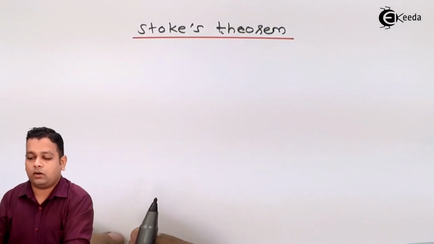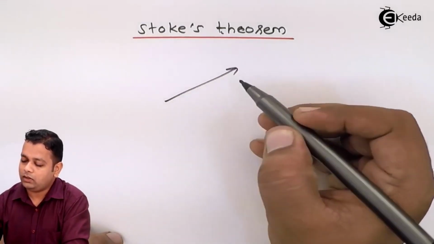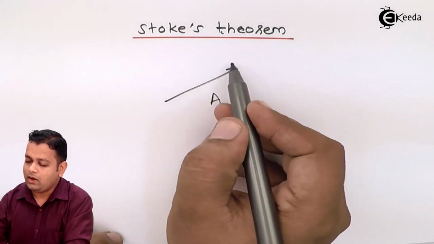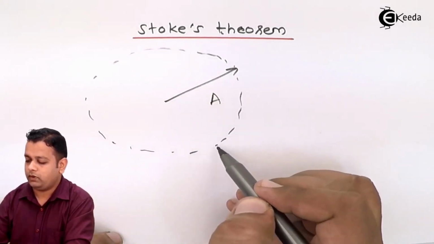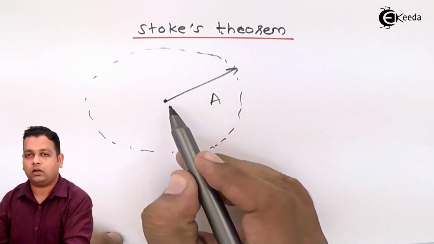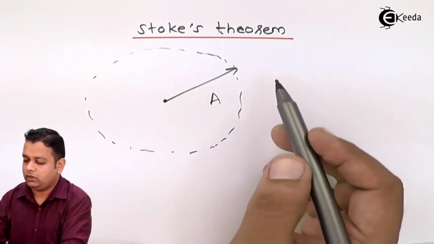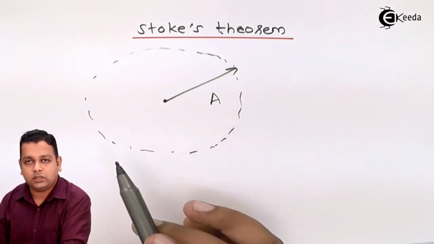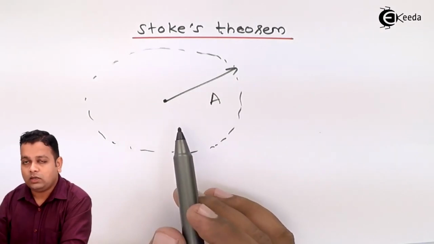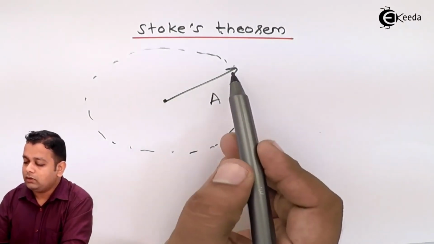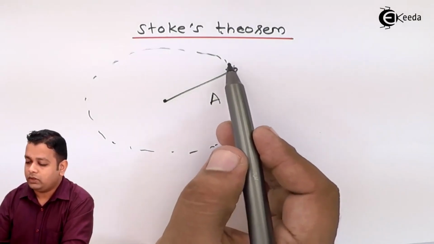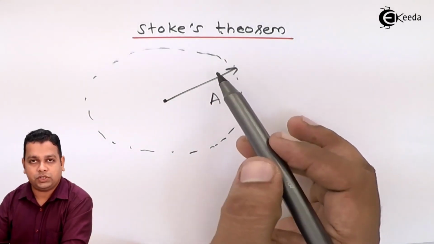In the case of curl, we have seen a vector A bar and its rotation keeping the starting point of the vector at center. So this was tracing a certain area. The area can be represented by using the surface integrals, while the tip of vector A is making a circulation here.